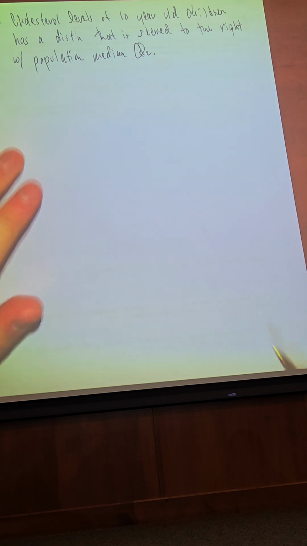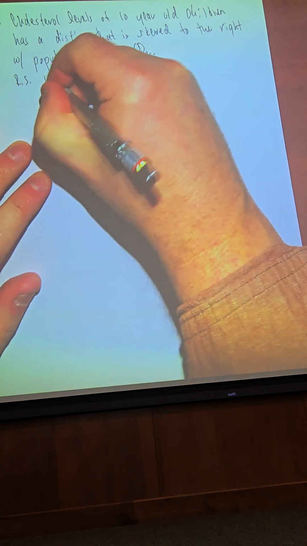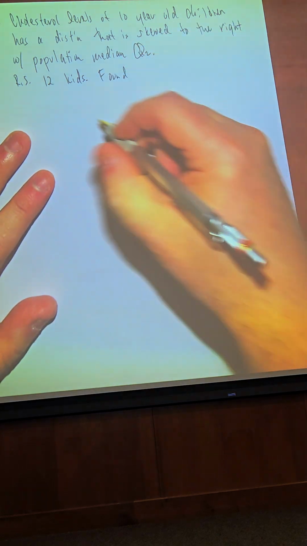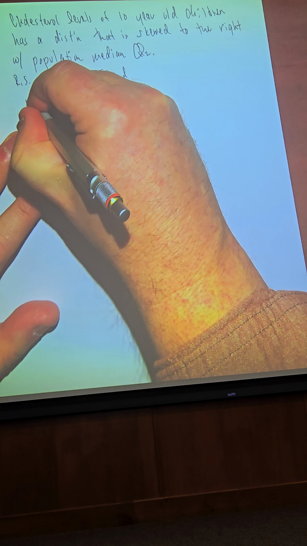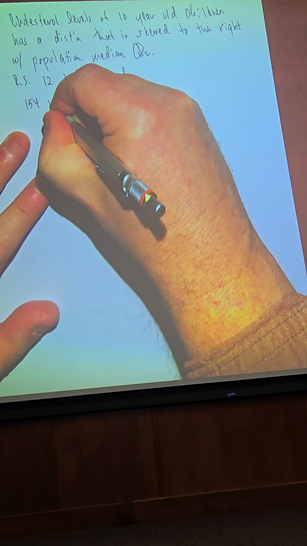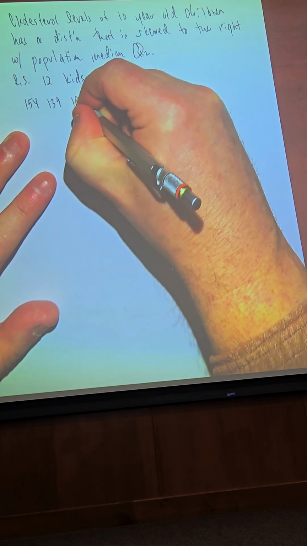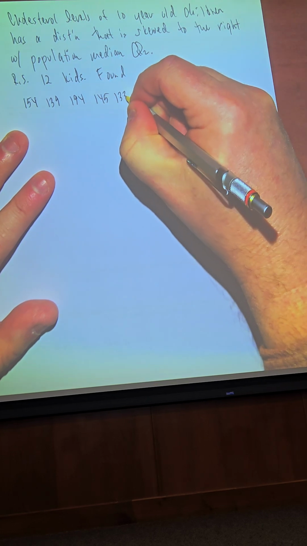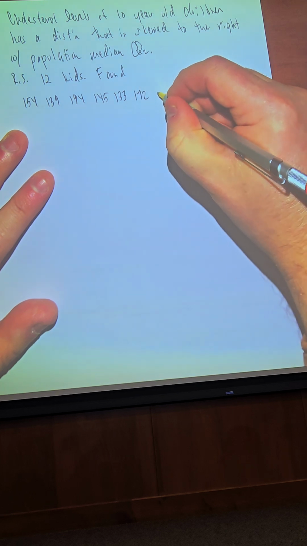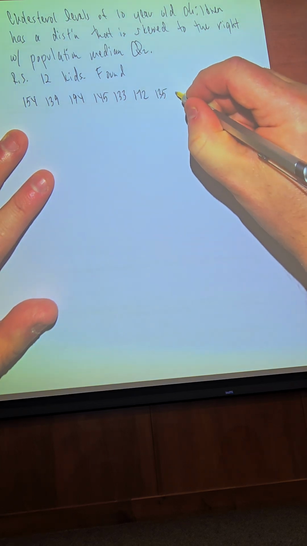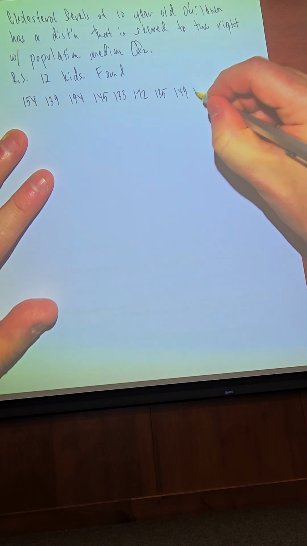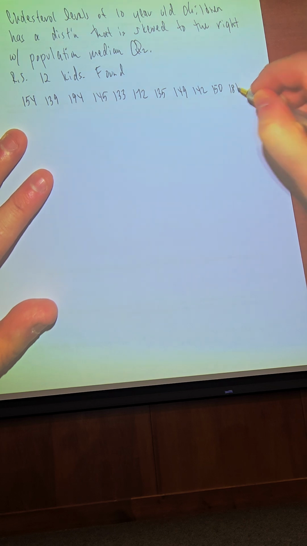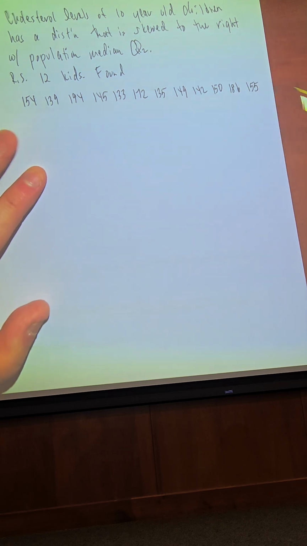And so let's randomly select 12 kids. Here's what we found. So let me just give you the cholesterol: 154, 139, 194, 145, 133, 172, 135, 149, 142, 150, 186, 155.